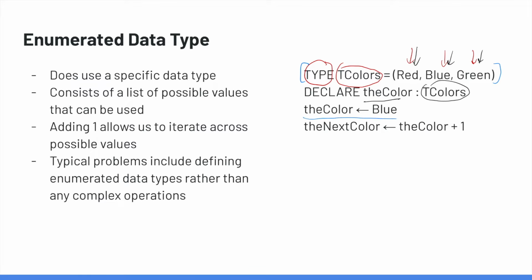DColor is blue. Now, what we can do is we can actually use addition to access other values. So for example, right here we have DColor is blue, but if we wanted to assign green to the next color, we would just do DColor plus 1, and that would give us green. But again, these aren't strings.